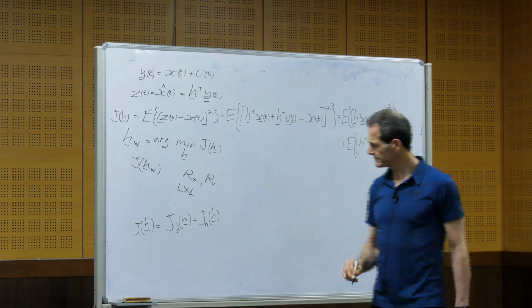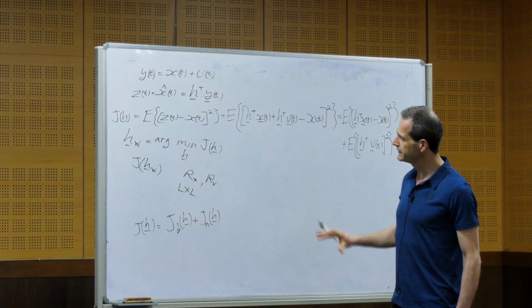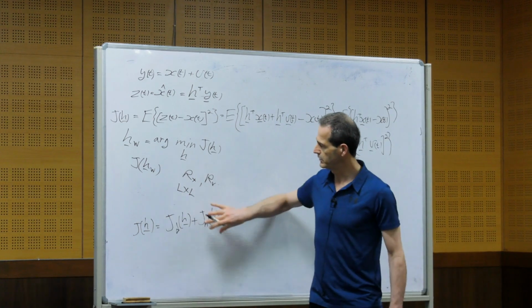Okay. So what we try to achieve with the Wiener filter is actually to minimize the sum of these two components.